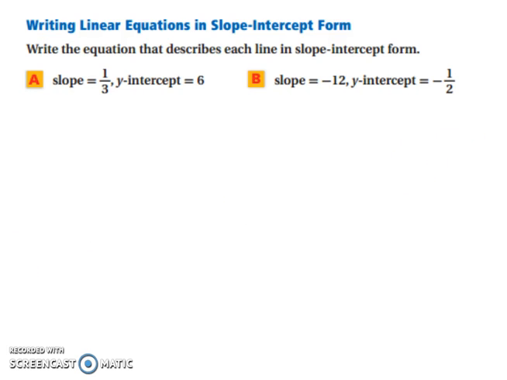Our x and y are our coordinates that we would plug in as we're going through, but our slope is m and our y-intercept is b. So in this case, we would have y equals 1/3 x plus 6.